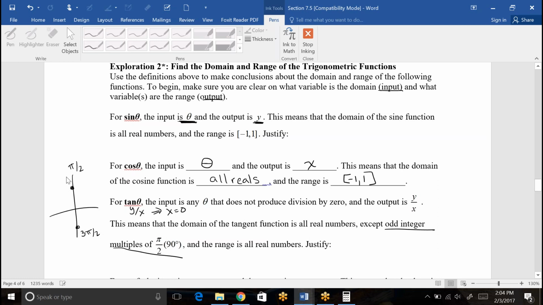So essentially, anytime you're at the top up here or down here at the bottom, that's when you're going to have those problems. A better way to think of that, I mean, you can't really write it any more clearly, is that everything from negative pi over 2, because that's this guy down here, to pi over 2, anything between those is good.